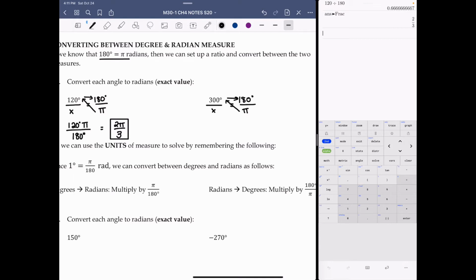We get 300 degrees times pi over 180 degrees. Simplify the 300 divided by 180. 300 divided by 180, enter, math, enter, enter, gives us 5 over 3, and degrees divide out, so we have 300 degrees is equal to 5 pi over 3 radians.